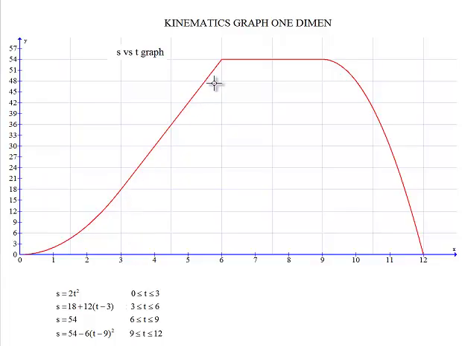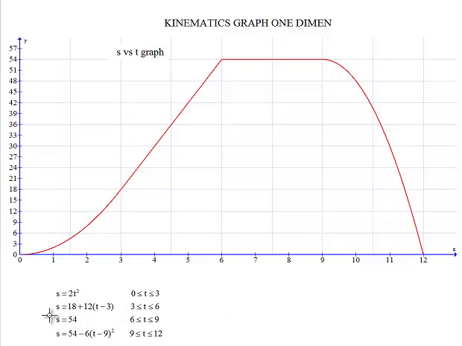From this point to this point, we have a constant velocity. The displacement is very uniform, that means the velocity is constant. In this region, the body is not moving at all, and in this region, the body comes back to its original position. That means the acceleration has to be retarding because velocity has already been reached.